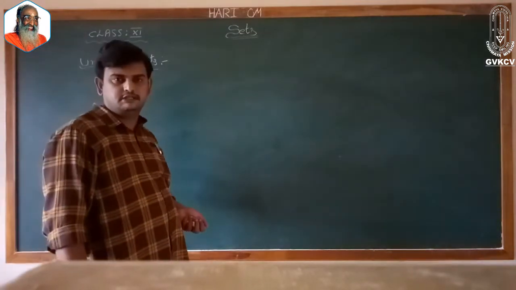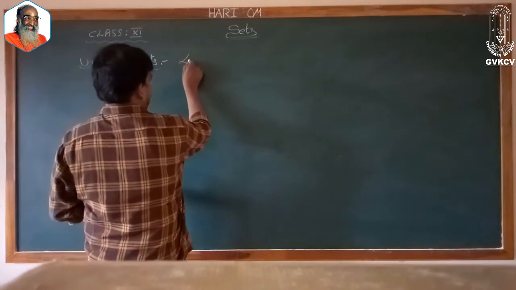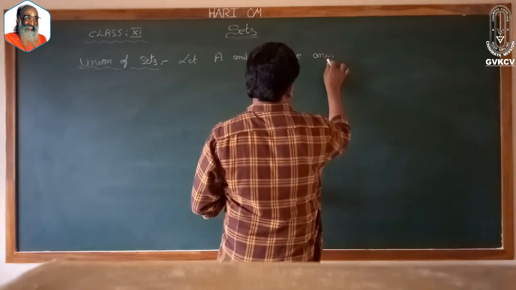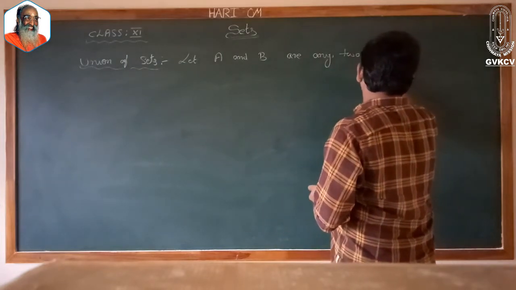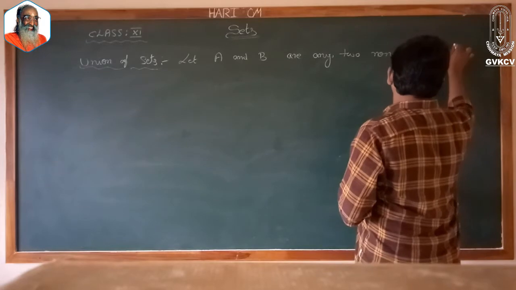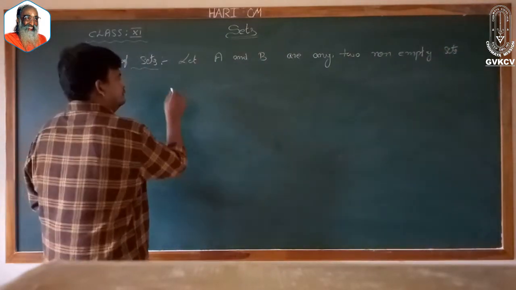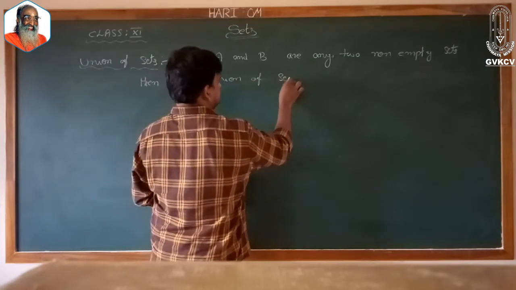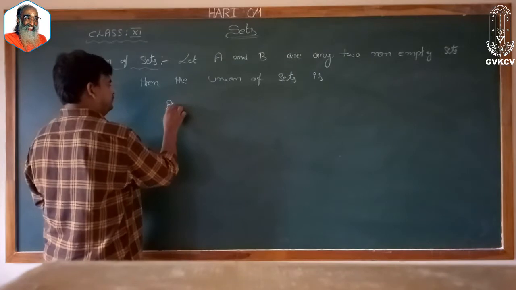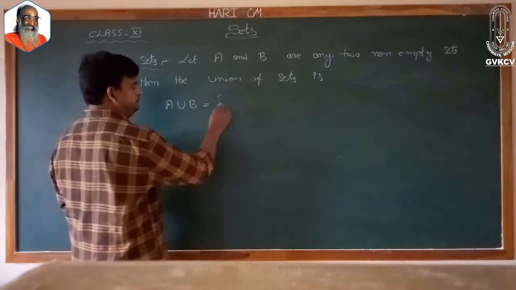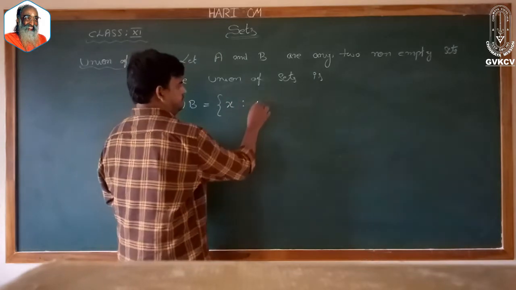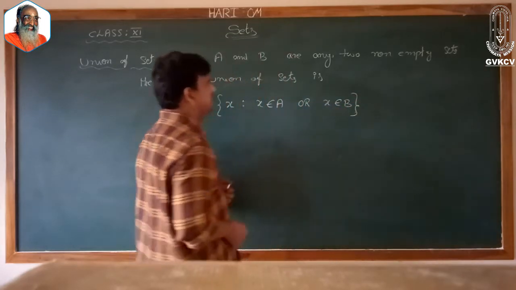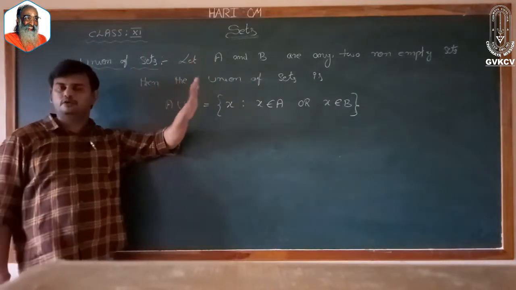The definition for union of sets in set builder form is: let A and B be any two non-empty sets, then the union of sets is A union B is equal to X such that X belongs to A or X belongs to B. So this is the definition of union of sets.